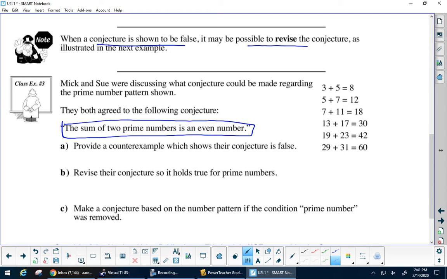There's only one counterexample that fails: 2. 2 is a prime number. And look at 2 plus 3 equals 5. That is not an even number. Therefore, that conjecture is false. So the question is, could you revise this so it holds true?